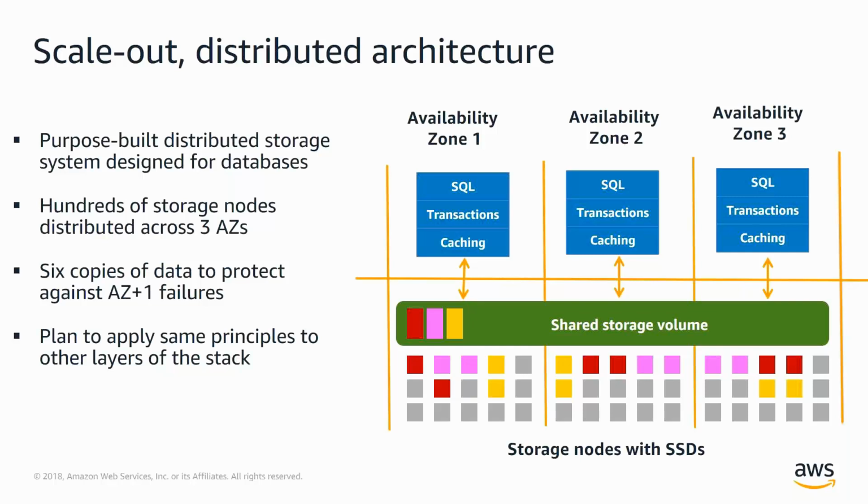So imagine that you create a new Aurora cluster with no data in it, and you write your first byte of data. We will then assign 6 of these storage nodes for you to write to. And so you'll continue to write, and once you reach 10 gigabytes plus 1, then we create a new protection group, which means allocating an additional 6 storage nodes. So in this case, we're looking at a volume that has 3 different protection groups, and therefore it has 3 times 6, a total of 18 storage nodes.